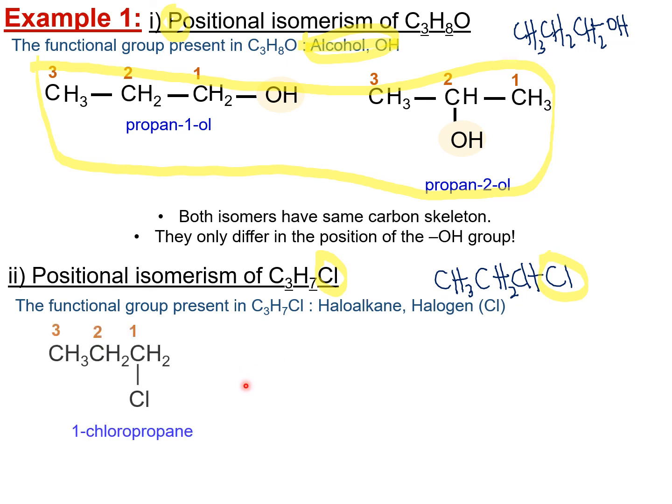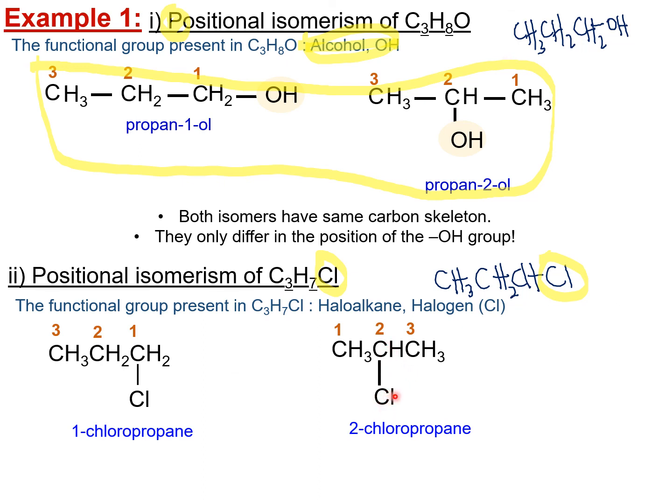Okay, so let's look at the example here. Okay, so kat sini, this is the first structural formula yang I dapat melalui C3H7Cl, tapi untuk build a positional isomers, I need to ubah kedudukan functional group Cl. So daripada carbon number 1, I buatlah dekat carbon number 2, kedudukan Cl ni.